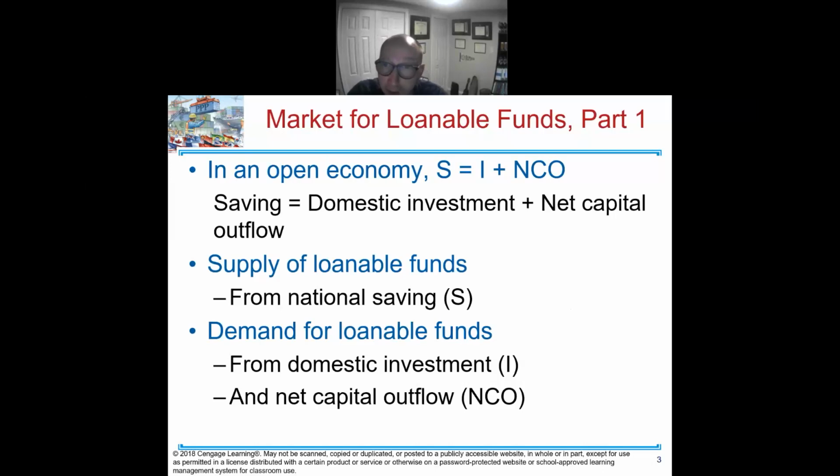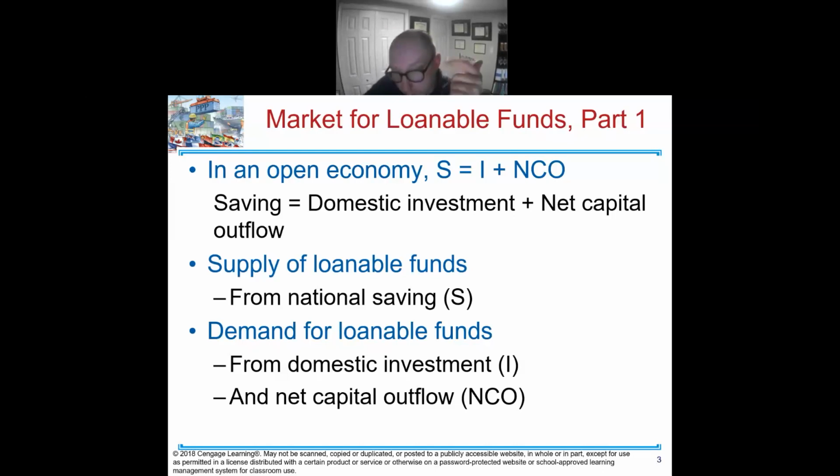So looking at the open economy, and this probably looks a little familiar, our open economy represents savings equal to domestic investment plus net capital outflow. Supply of loanable funds is represented by savings.